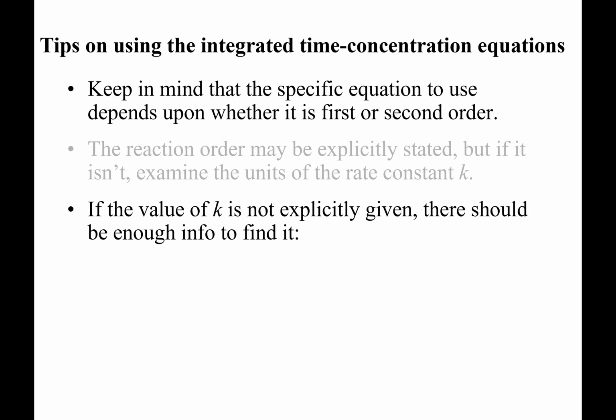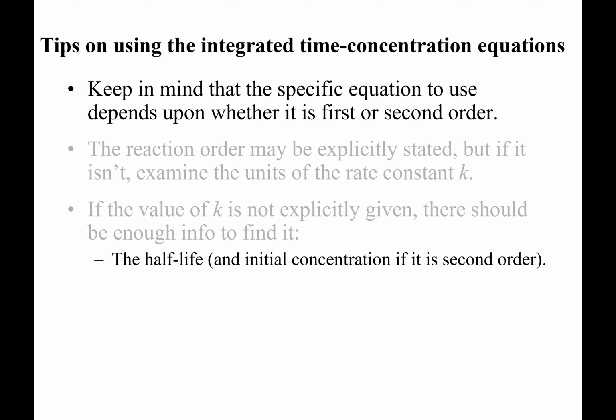If k is not explicit, say k is not given, then if we know a half-life, we can rearrange this to get k.